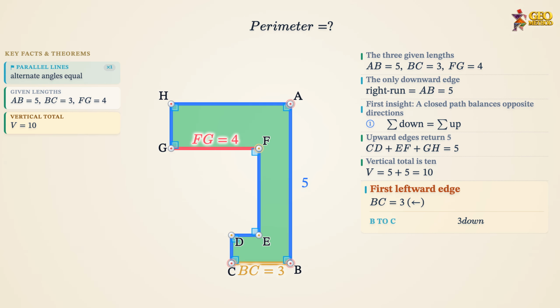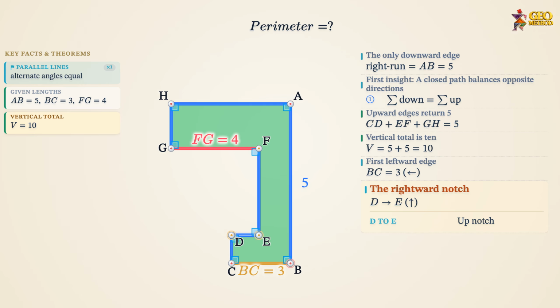Now turn to the horizontal edges and hunt for the ones pointing left. Along the bottom, the edge from B to C runs left by 3 units. That is our first left run. But watch the edge from D across to E. It points the wrong way, to the right. This little notch is the whole trick of the problem, and we will have to respect it in a moment.